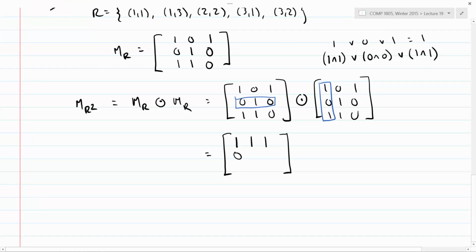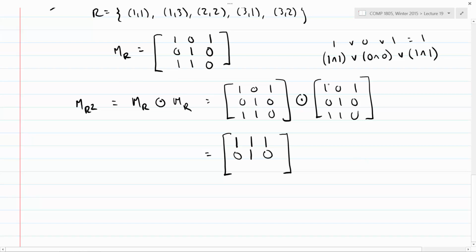So I get a 0 in that entry. And if you keep on doing this, it continues to work. So let's look at the next one. That's the second row in the second column. That's 0 times 0 plus 1 times 1, so I get a 1. And now the third column, that's 0 times 1, 0 times 1, 0 times 0, so I get a 0. So we move on to the third row.